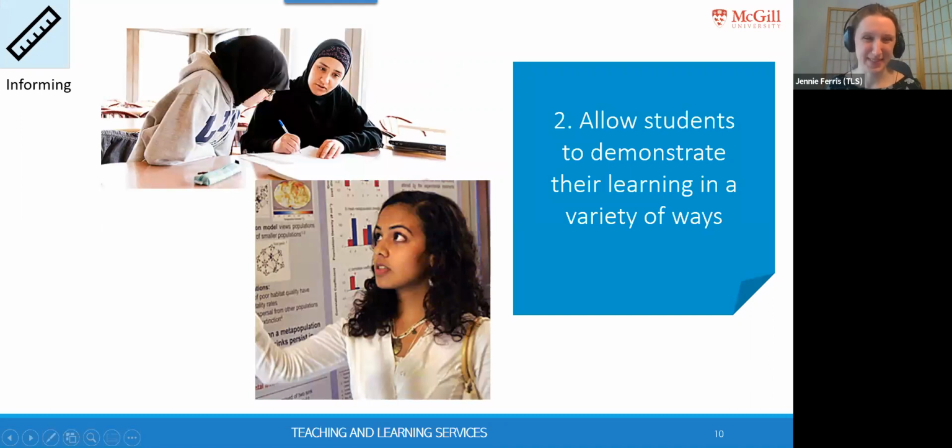The 2nd principle for designing learning-centered assessments is to allow students to demonstrate their learning in a variety of ways. Now, as Carolyn mentioned in the previous slide, looking at that alignment between learning outcomes and assessments, when we start with learning outcomes, rather than assuming a specific type of assessment as a starting point, it gives you some flexibility to choose the types of assessments that will best permit you to assess your learning outcomes.